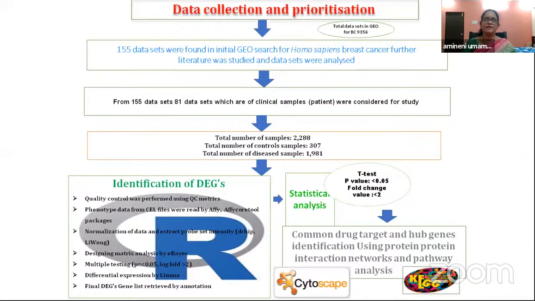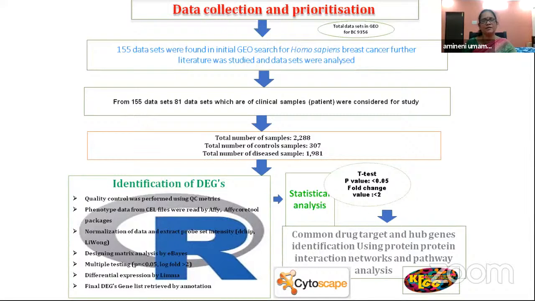In each dataset, there are different numbers of normal and diseased patients. In this study, we selected 2,288 samples, among which 307 are normal and 1,981 are diseased samples.